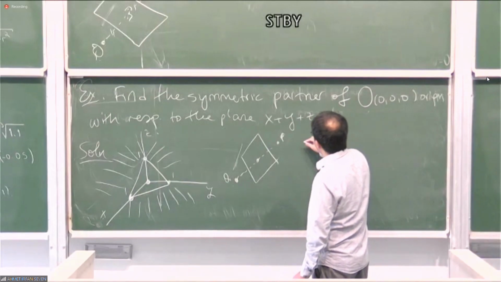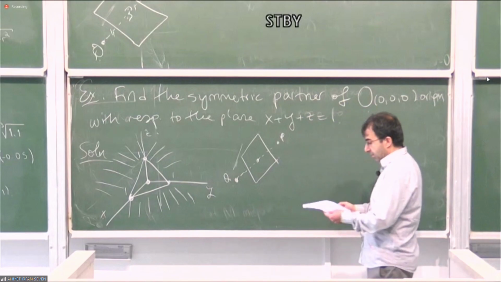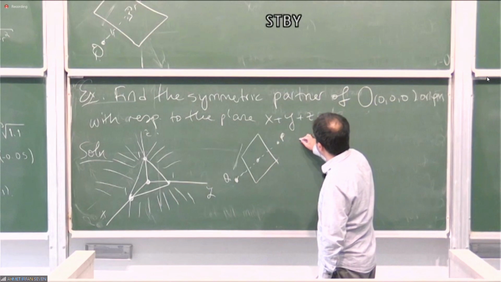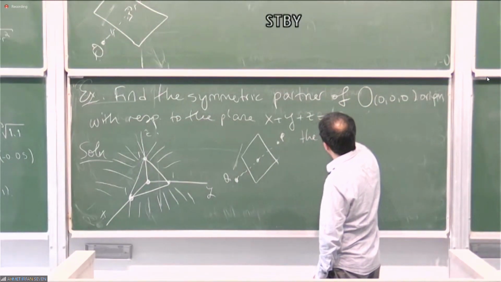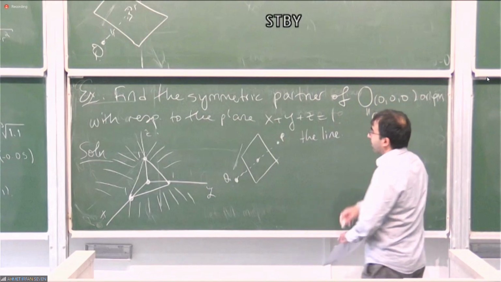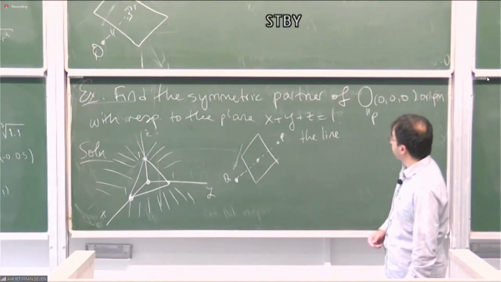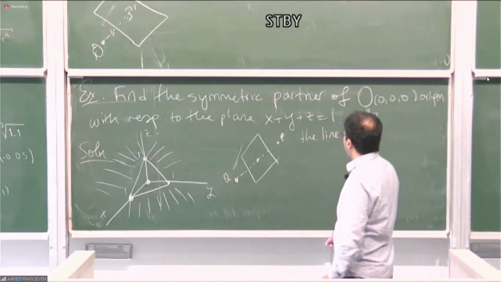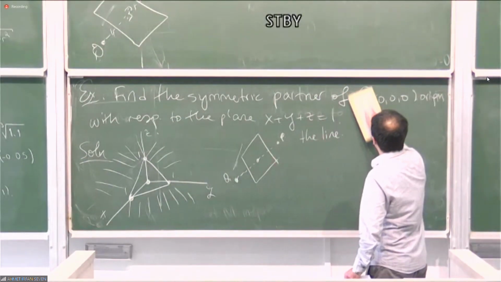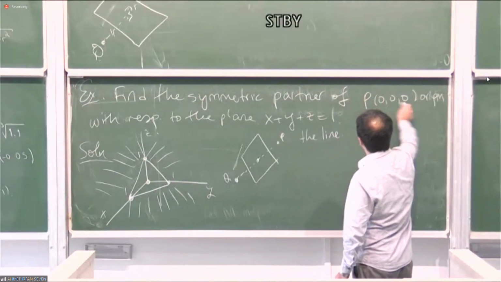Okay, so let's find this line. I said O, but let's call it P, right? I confused it with 0, so let me call it P, origin.